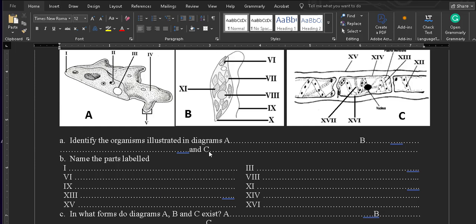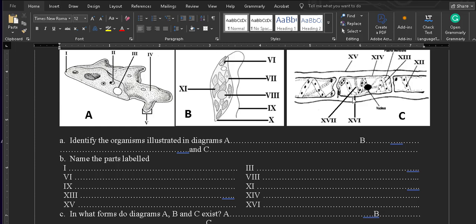XV. Yes. So the outermost part, the slimy layer, is the mucilage of the Spirogyra. Yes, Spirogyra.